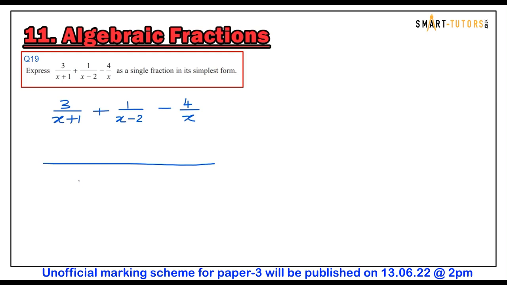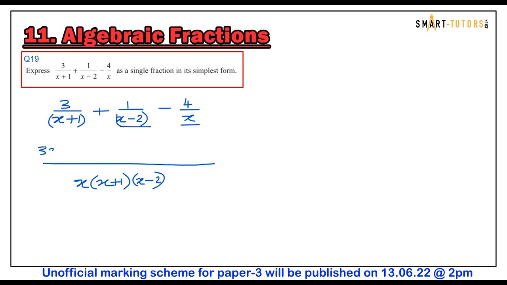What does that mean? x plus 1, x minus 2, and x, all 3 elements, the bottom denominators. So for x plus 1, you multiply the other two denominators, x minus 2 and x, by the 3.